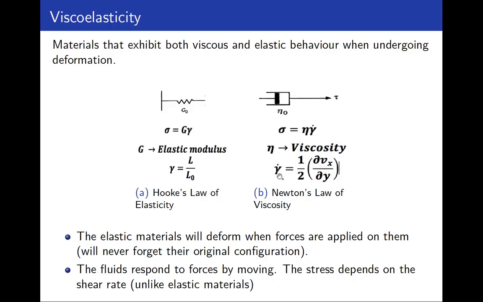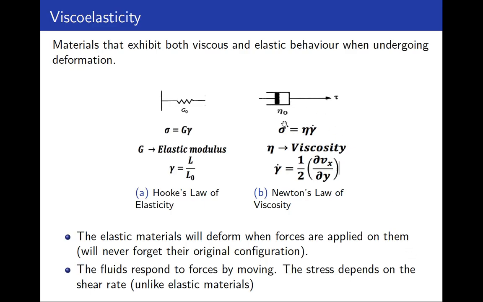That's why we use this gamma dot. Gamma is known as the strain, and gamma dot is the strain rate, the derivative of the strain with respect to time. So, as I said before, the shear stress for a fluid is equal to the viscosity multiplied by the shear rate. The constant, this coefficient, is known as viscosity.